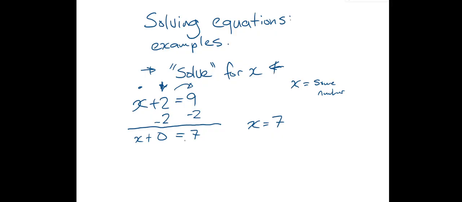If you had time you can test it. If we substitute 7 in there for x, does 7 plus 2 equal 9? Hopefully you didn't need a calculator. Yep, that's true.